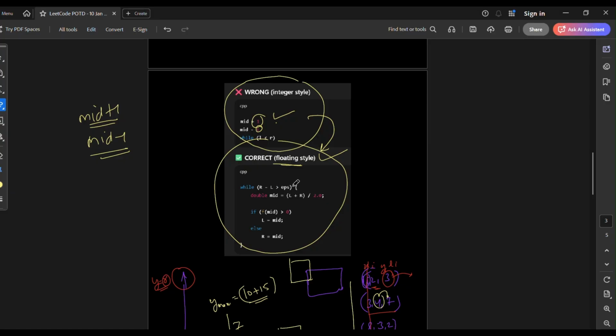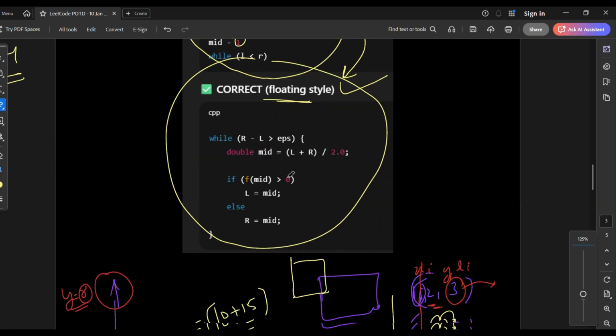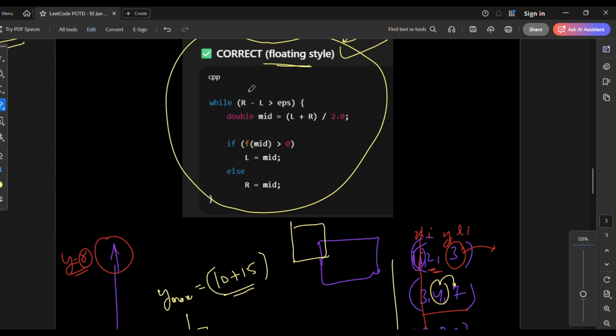So the general approach we apply is: while r minus l is greater than eps, we stay in the loop and find the double mid. This is a general approach that can be applied to very different functions. If function of mid is greater than 0, we make l equal to mid, else r is equal to mid.